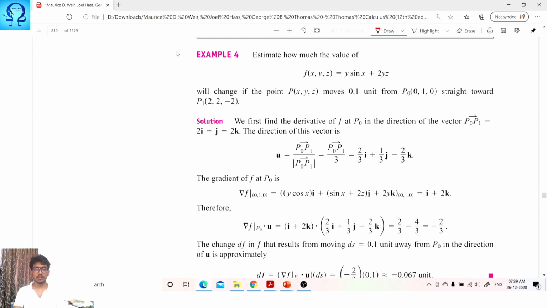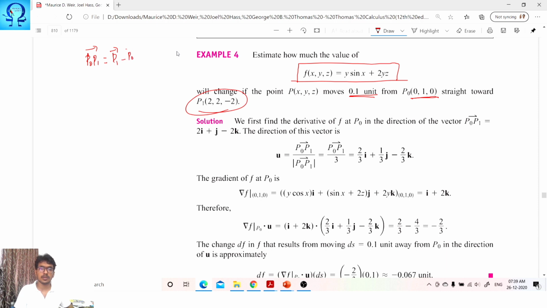In this problem we are asked to estimate how much the value will change if the point moves 0.1 unit from a particular point straight toward another point. Here we are given three different points. We are moving from this point to this point, so we subtract p0 from p1. It is going to be (2, 1, -2).